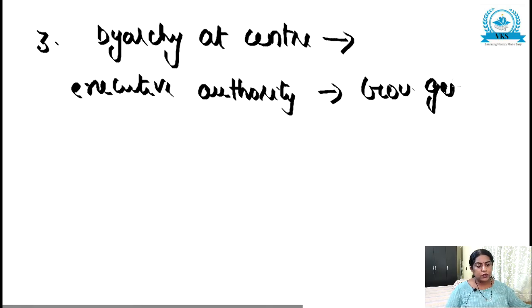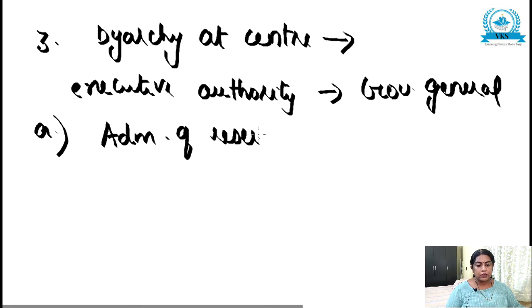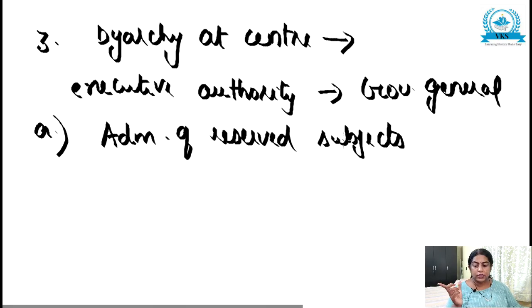So the executive authority, that is the execution of things, was vested in the Governor General, and that included the following. The authority of the Governor General included the administration of reserved subjects. Before this point we have studied that the residuary power was with the Governor General.